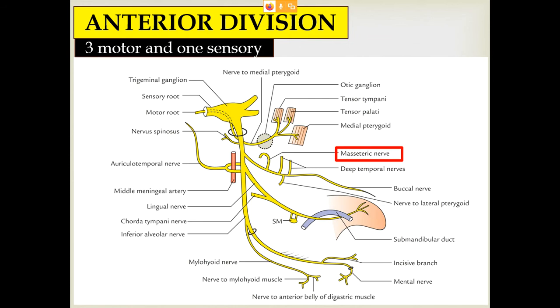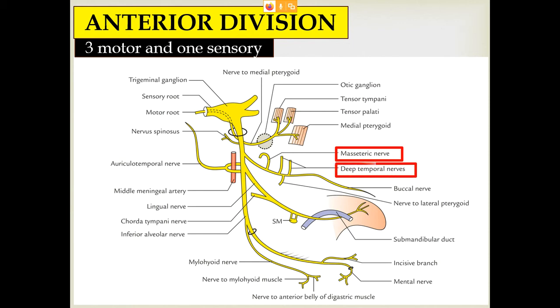The masseteric nerve passes laterally, running along with the masseteric branch of the maxillary artery, above the lateral pterygoid, behind the tendon of temporalis and in front of the temporomandibular joint. The nerve emerges through the mandibular notch and then supplies the deep surface of the masseter muscle. That is about the masseter, a motor branch.